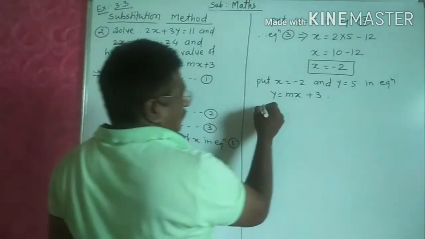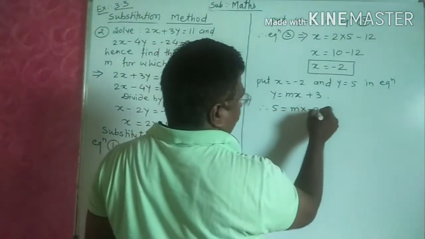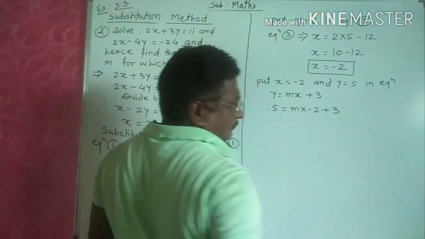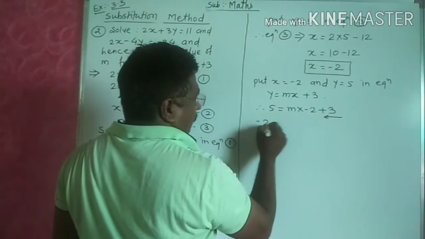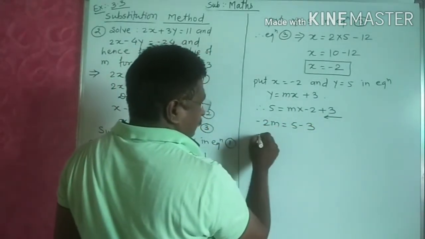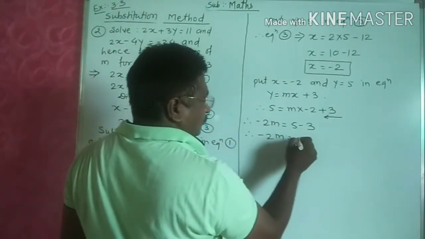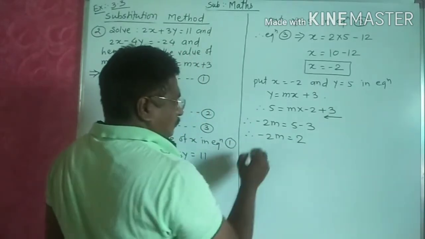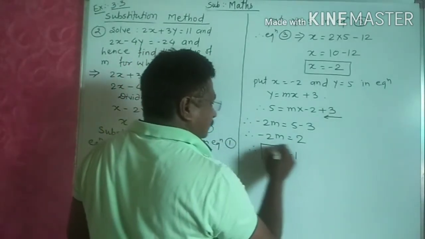So we get 5 equals m into minus 2 plus 3. Transfer this: minus 2m equals 5 minus 3. So minus 2m equals 2, so m equals minus 1.